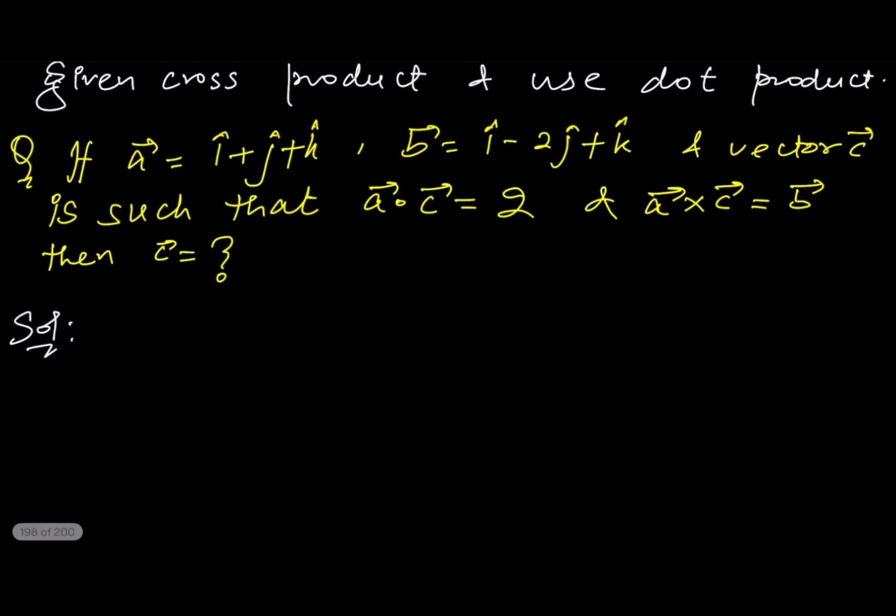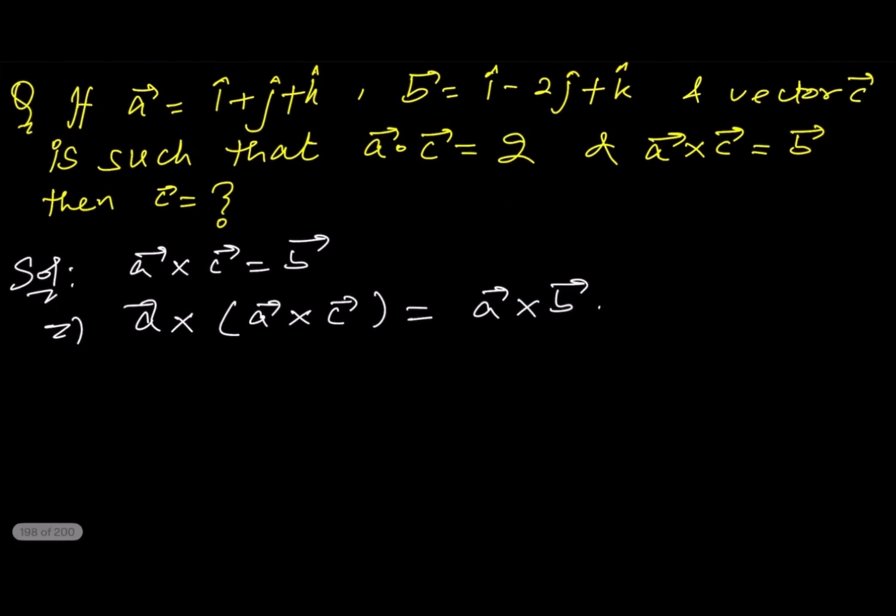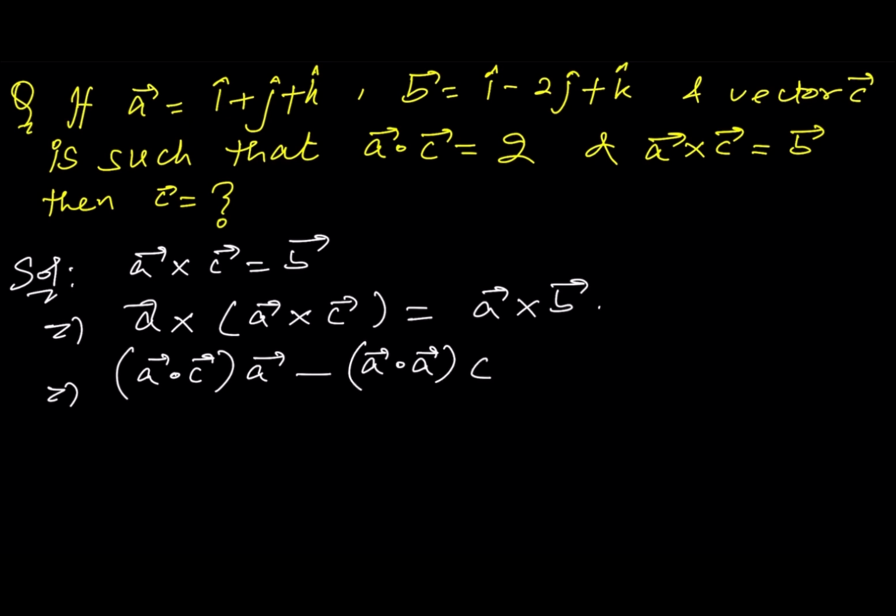Here a cross c is equal to vector b. Now I am taking cross product with vector a and a cross c, so the appropriate quantity is vector a. Now a cross (a cross c) is nothing but (a dot c) times a minus (a dot a) times c, which is equal to a cross b.